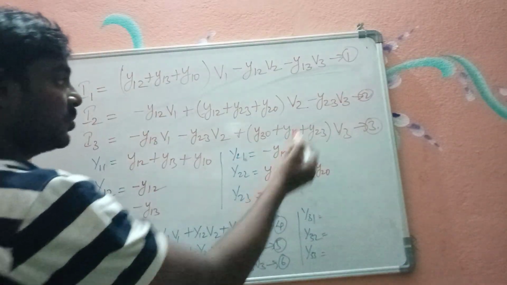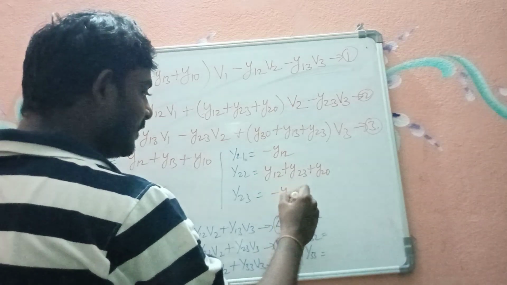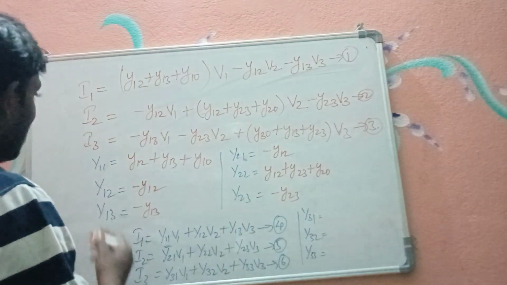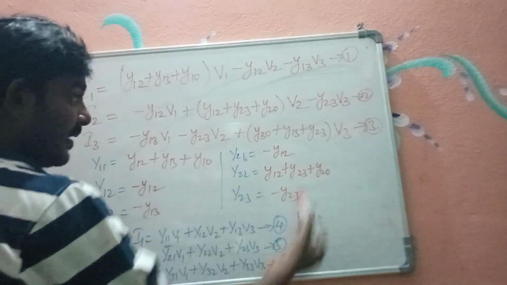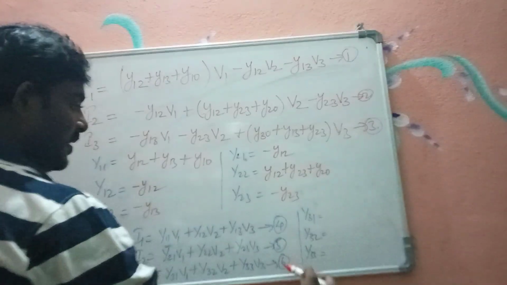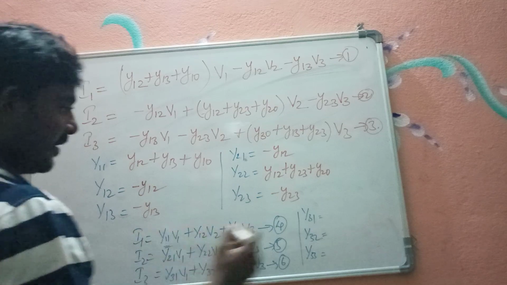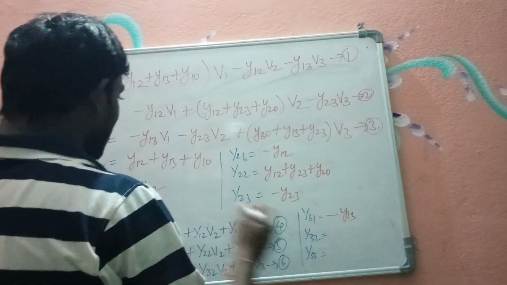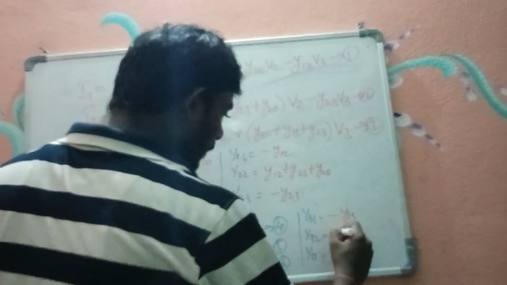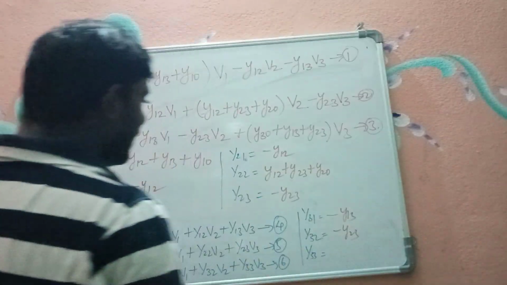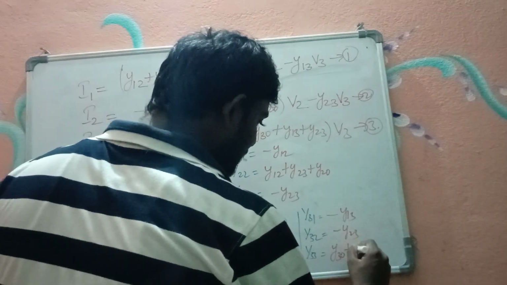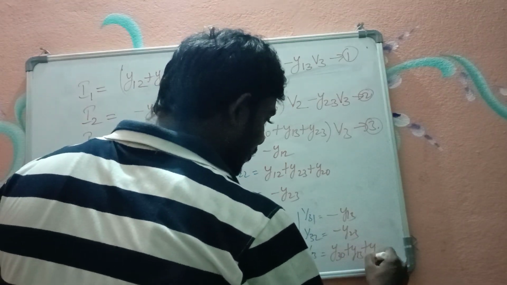In place of Y23 we have minus Y23. If you compare the third and the sixth equations, in place of Y31 you have minus Y13, in place of Y32 we have minus Y23, and in place of Y33 we have Y30 plus Y13 plus Y23.